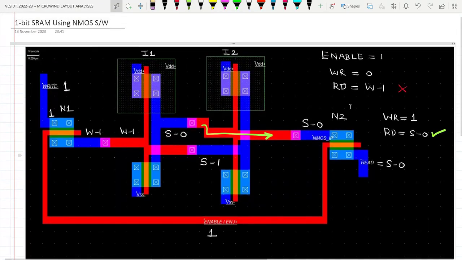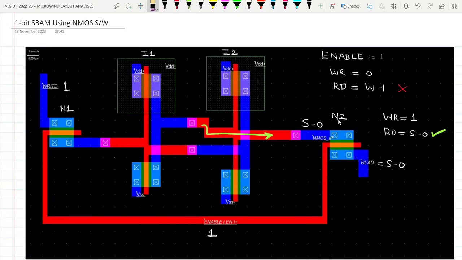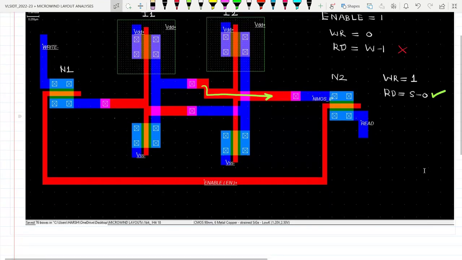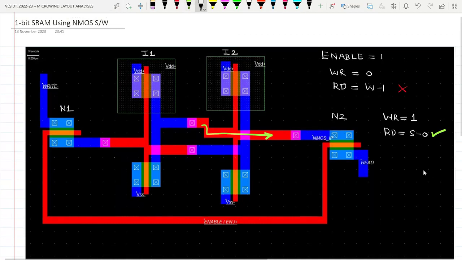Oh yes, we forgot to analyze it for enable equal to 0. For enable equal to 0, 0 is applied to the gate of NMOS N1 and to the gate of NMOS N2.